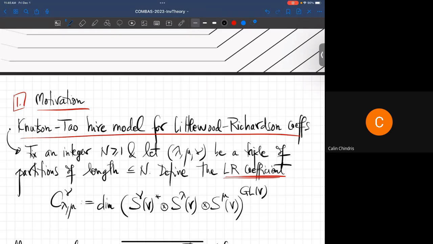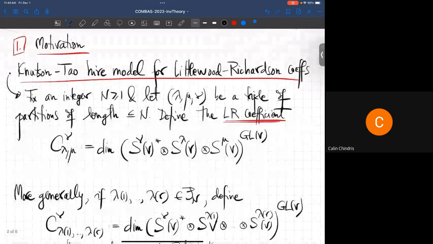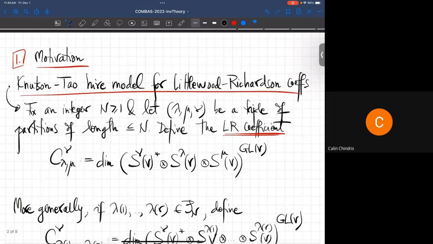In the late 90s, early 2000s, they found a combinatorial description of the tensor product multiplicities for the general linear group. Specifically, the quantities that they were looking at are defined as follows.